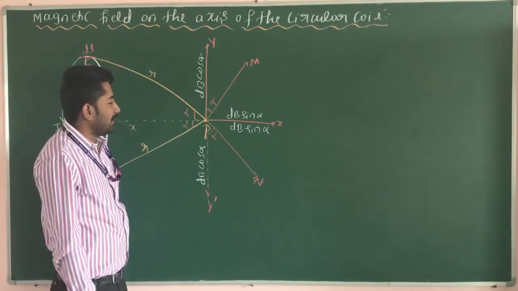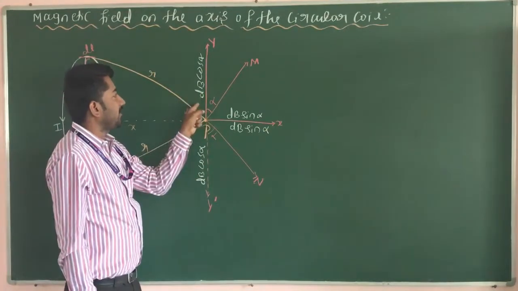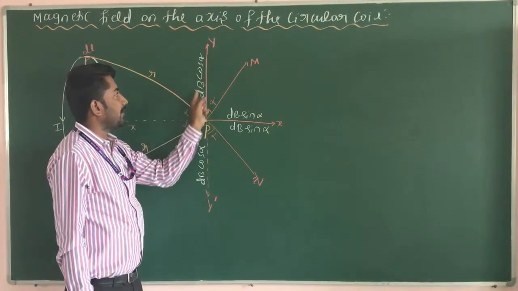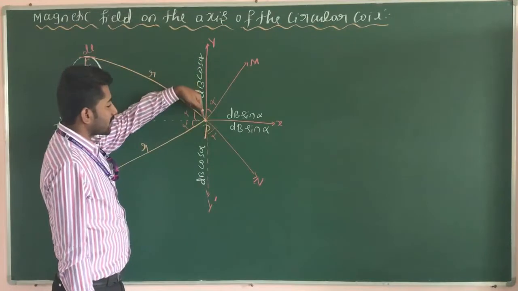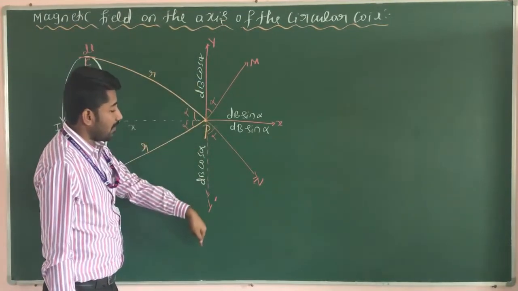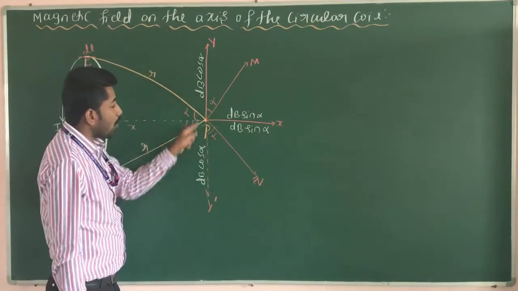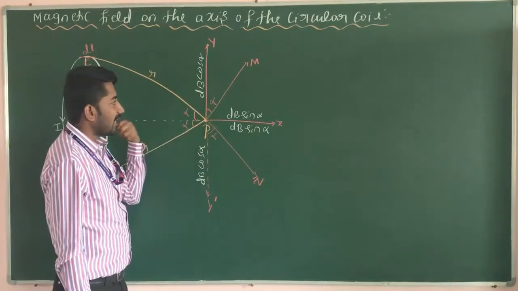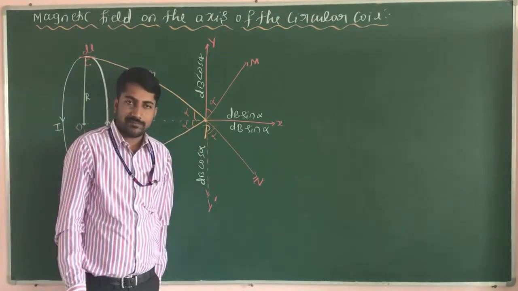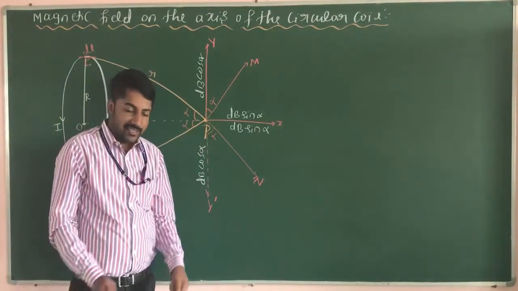The dB cos alpha is the magnetic field along Py, and dB cos alpha is the magnetic field along Py dash. They act opposite to each other, and hence they cancel each other.